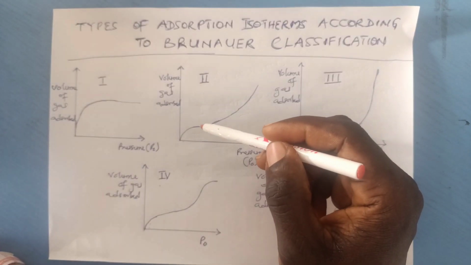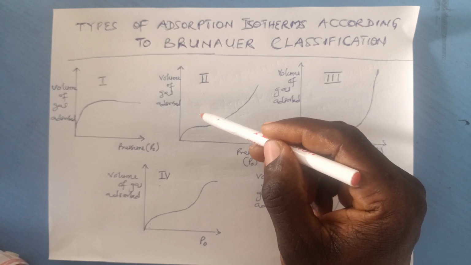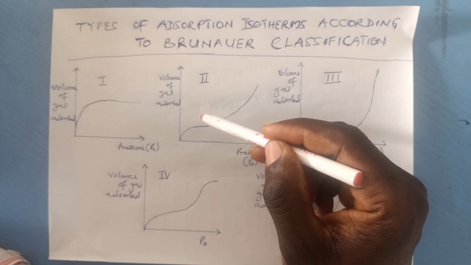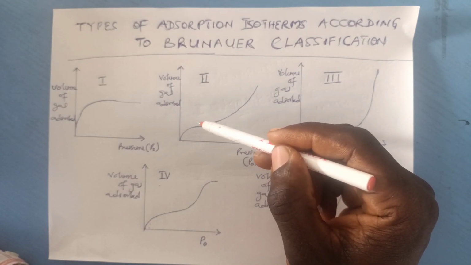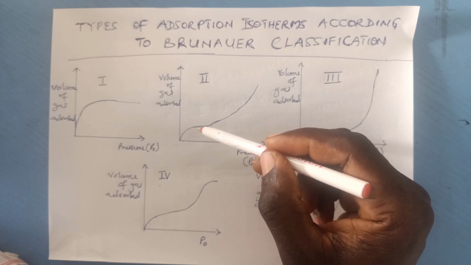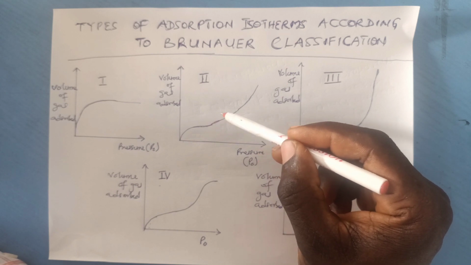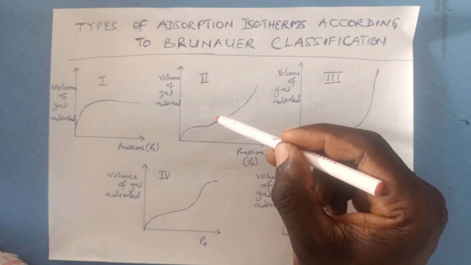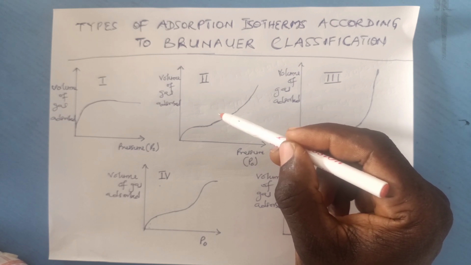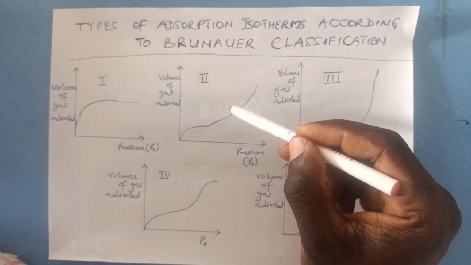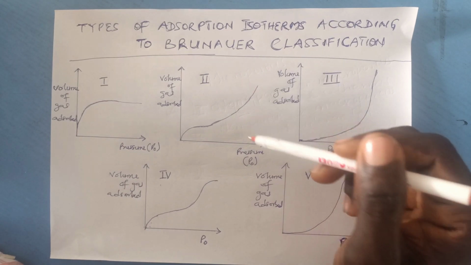Now I come to adsorption isotherm 2. It represents monolayer versus multilayer adsorption. The beginning of the almost linear middle section of the isotherm is often taken to indicate the stage at which the monolayer coverage is complete and multilayer adsorption is about to begin.